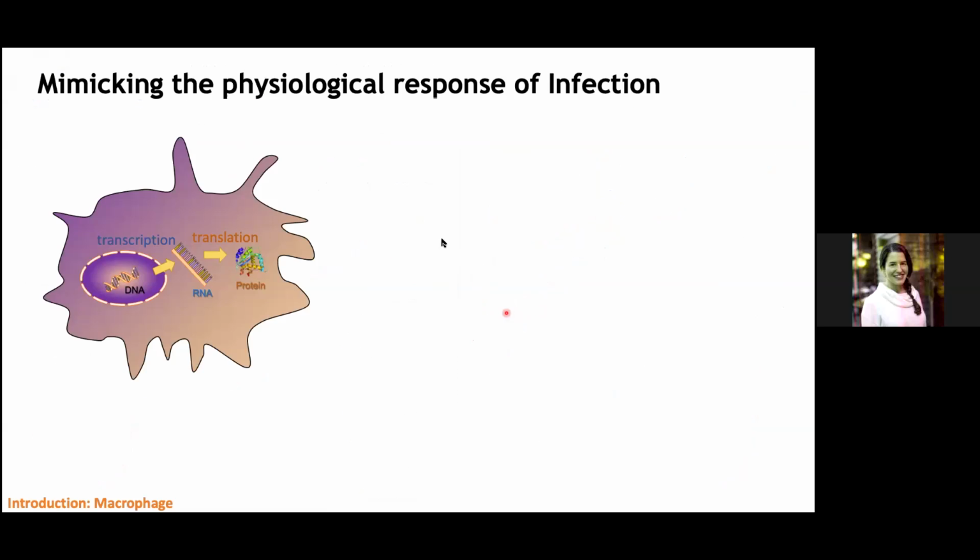The macrophage cell is known as the body's first responder to a site of inflammation. In a controlled laboratory setting, there are extensive studies that have been done in order to mimic the physiological response of bacterial infection on macrophage cells through exposure of factors like lipopolysaccharide, or LPS, shown here, which is found on the surface of bacterial cells.